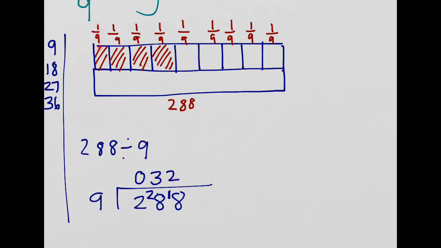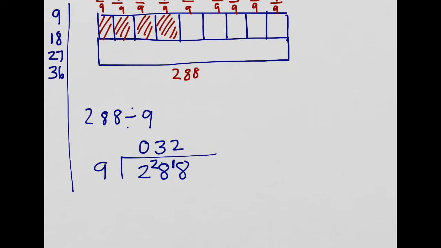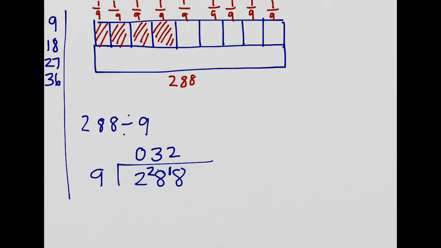So that little square is worth 32. But I've got 4 of them. So I now need to do 4 multiplied by 32, and I think I'm going to do that. Some of you may use Chinese multiplication, which is brilliant.